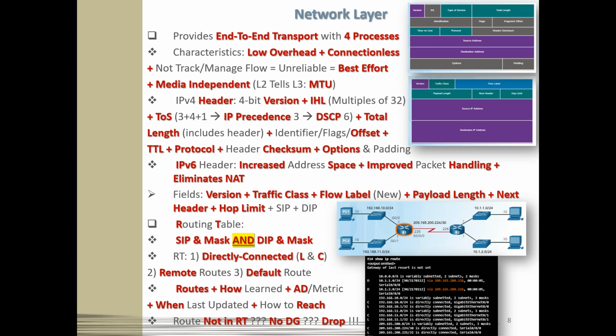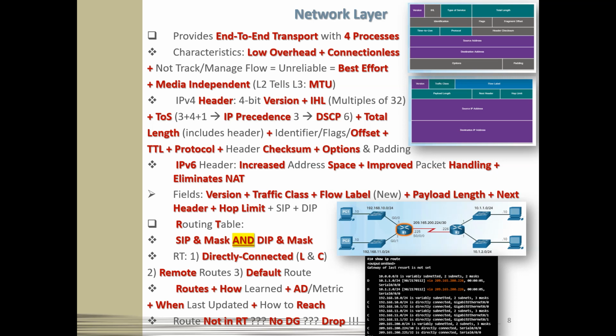Next up is IPv4 and IPv6 headers. On the top right hand side of the slide, you see IPv4 header. Below that you see IPv6 header. There are 4 different colors. The violet color are those fields that remain the same moving from IPv4 to IPv6. We still have them with the same structure. Then we have gray color. Gray color are header fields in IPv4 that do not exist anymore in IPv6.